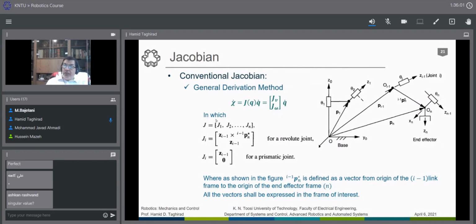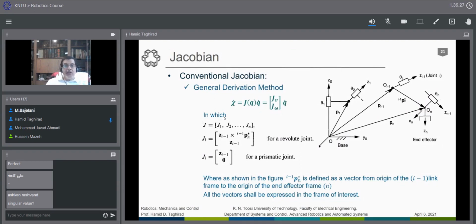The number of joints gives you the number of columns here, but the number of rows is the number of degrees of freedom of the robot. We will see that in some part of the same chapter.